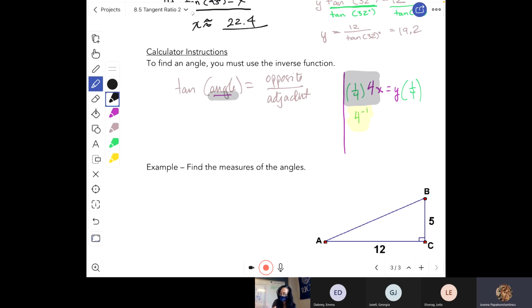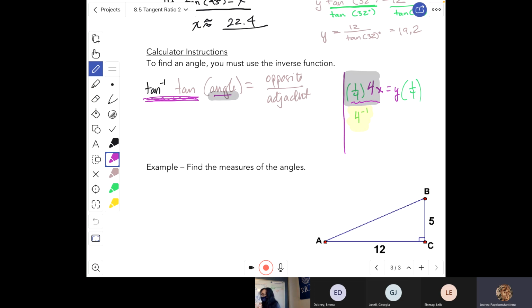So to get rid of the tangent, I'm still going to go along the same process, and I'm going to multiply it by the inverse of tan, because tan times its inverse goes away. It becomes 1, so to speak. We're kind of undoing taking the tangent, just like we undid the multiplication of 4 here.